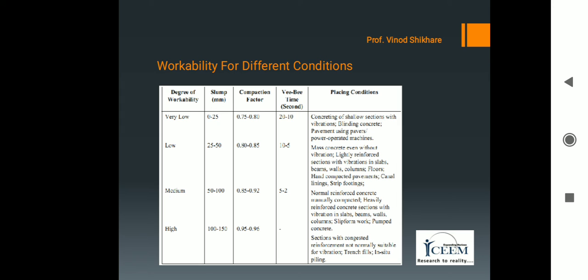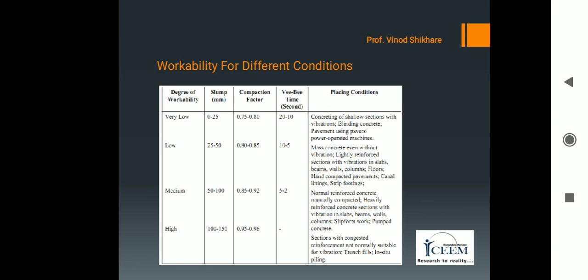Generally, greater workability is required for the following conditions. The first condition is for hand compaction as compared to machine compaction. Second is for heavily reinforced sections as compared to less densely reinforced sections, and last is for thin sections as compared to thick sections.